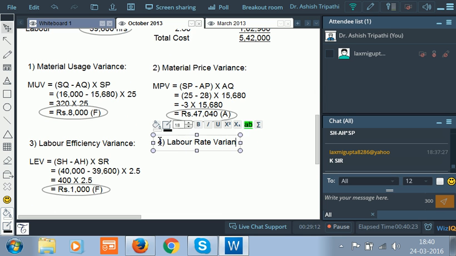Fourth, labor rate variance. The formula for labor rate variance is standard rate minus actual rate into actual hours. So let us calculate this.